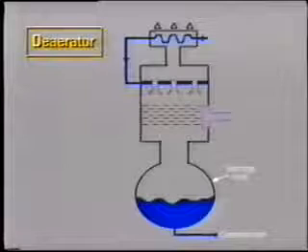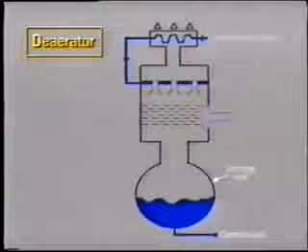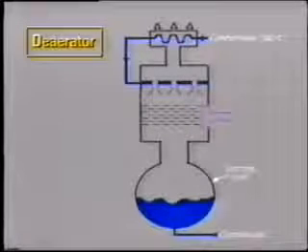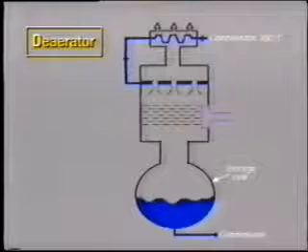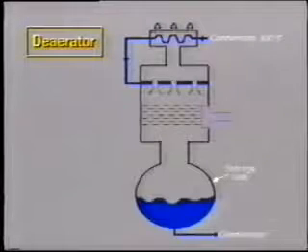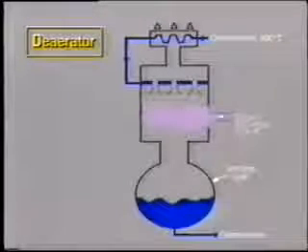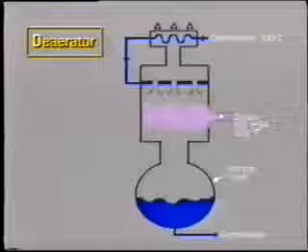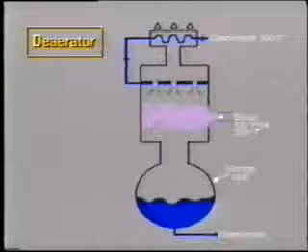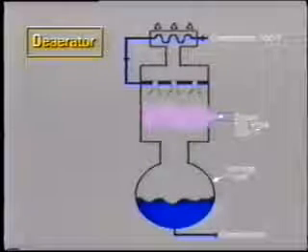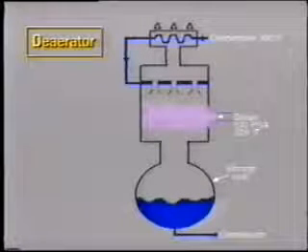In our typical example, we have condensate being supplied at a temperature of about 300 degrees Fahrenheit, 150 degrees Celsius, and steam being supplied at a pressure of 100 psia, 7 bar, and temperature of 328 degrees Fahrenheit, 160 degrees Celsius.